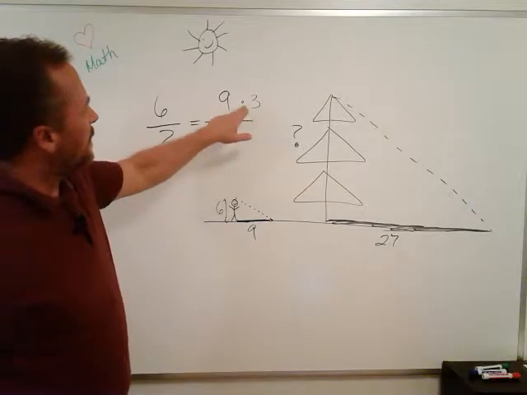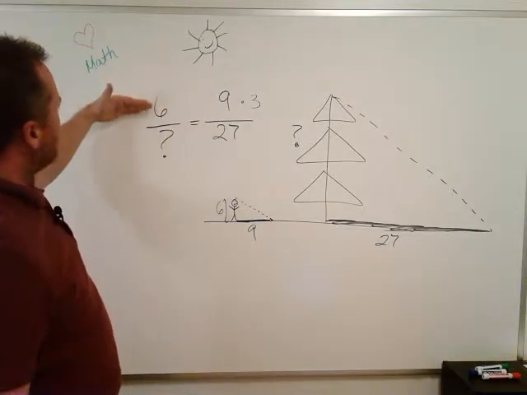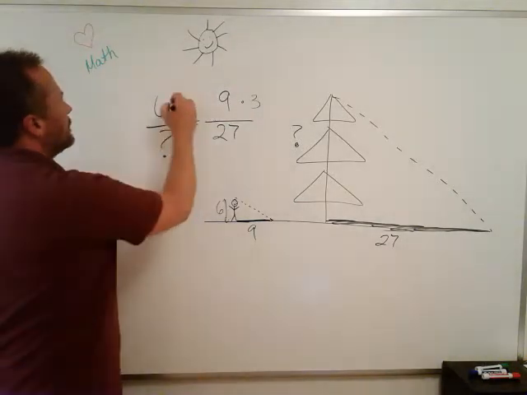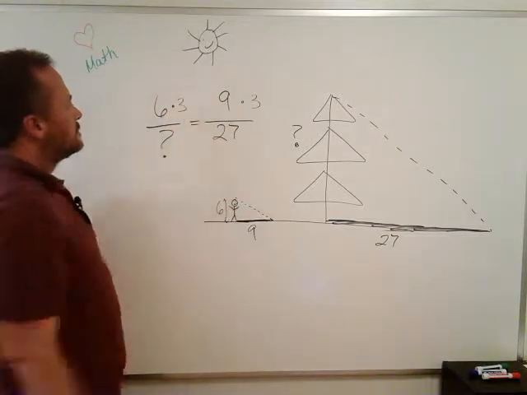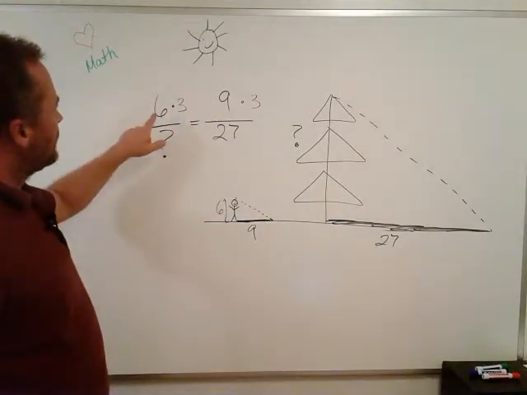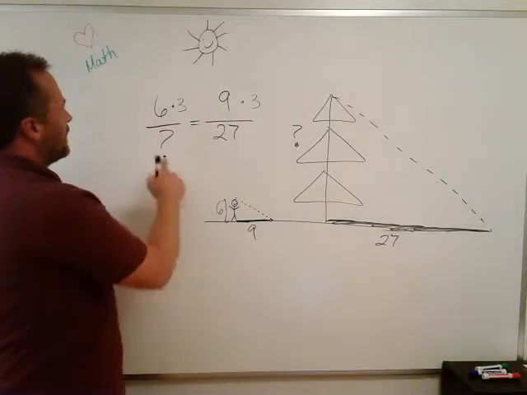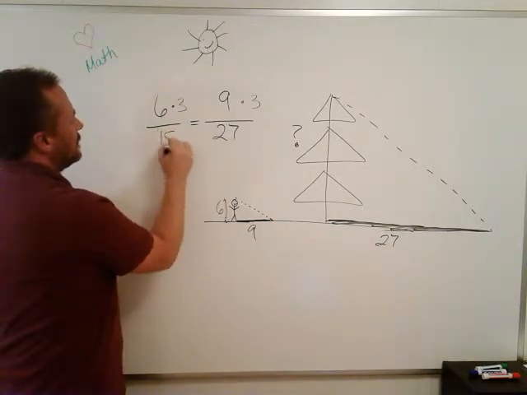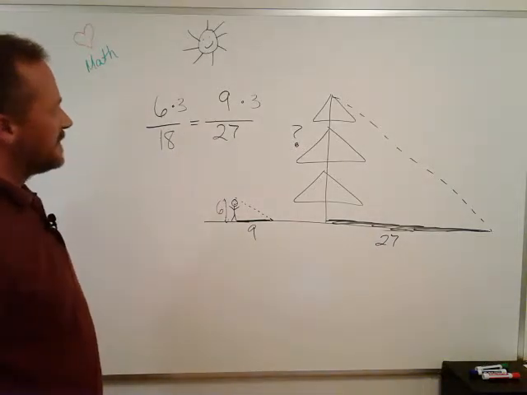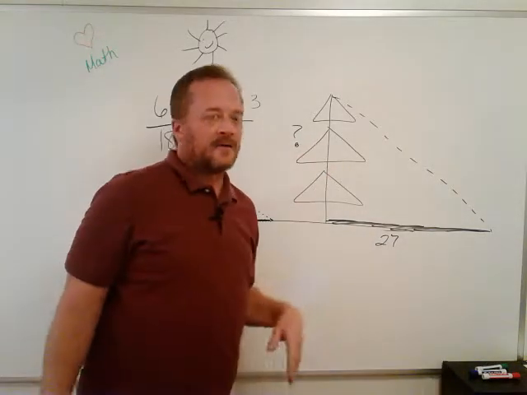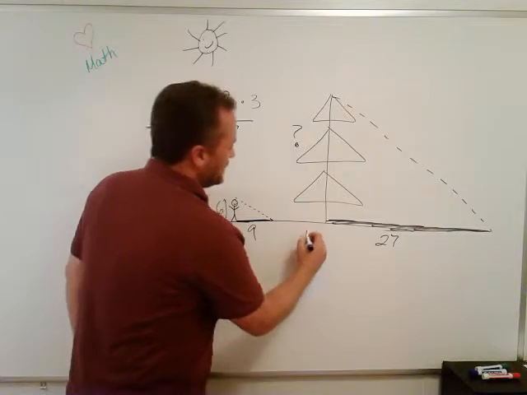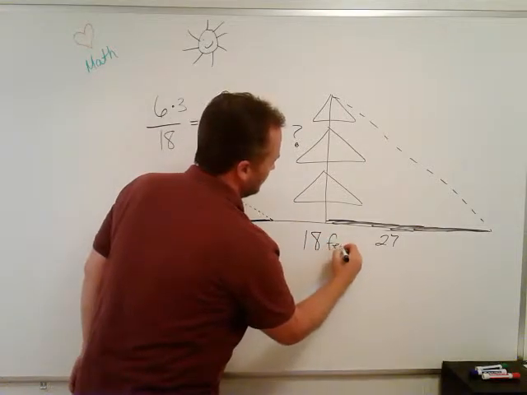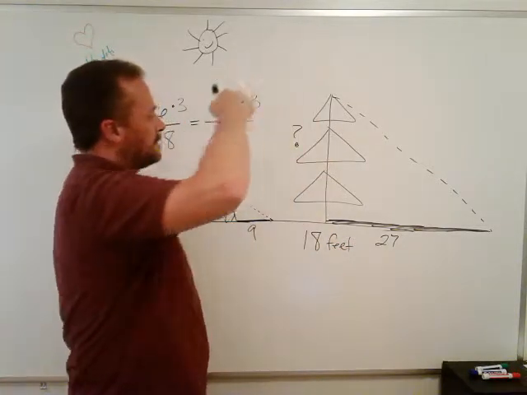So if I multiply this part by 3, I have to multiply this part by 3 as well. Okay? And if I multiply 6 times 3, then that gives me 18 for this number. And that shows me that this tree out here is 18 feet high.